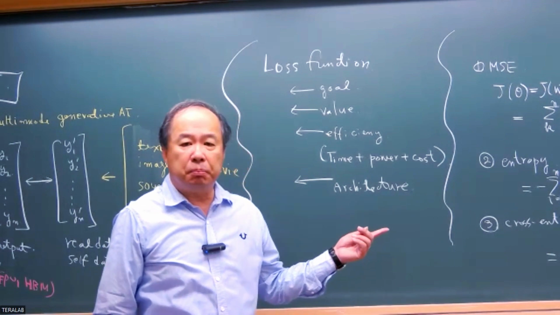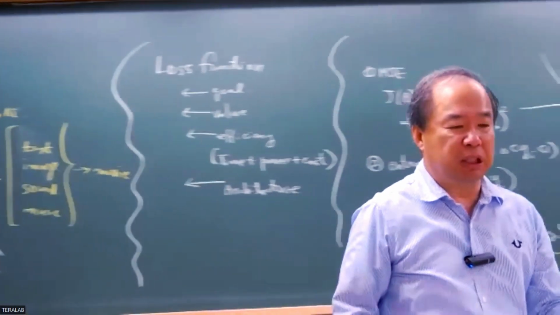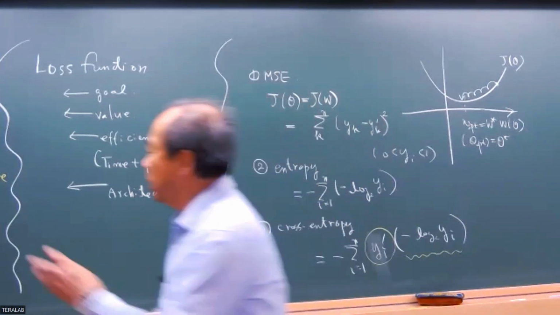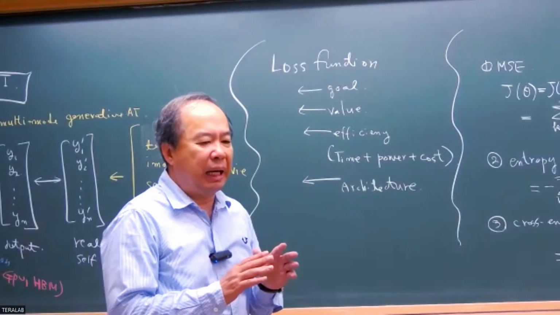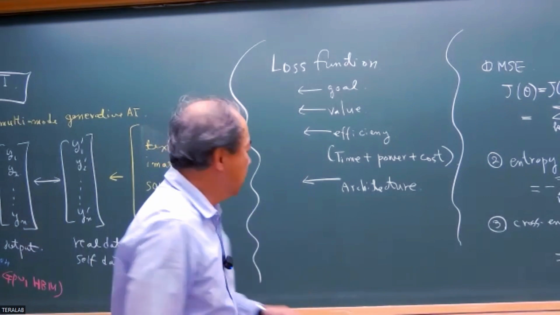Here, cross entropy means that we go one step further in the discrimination philosophy of generative AI. By applying the entropy, we already like discrimination. We want to focus on one data.